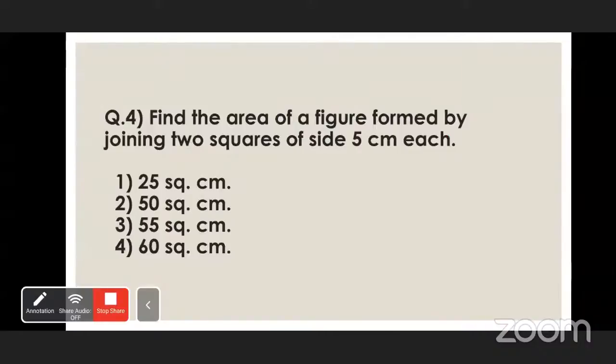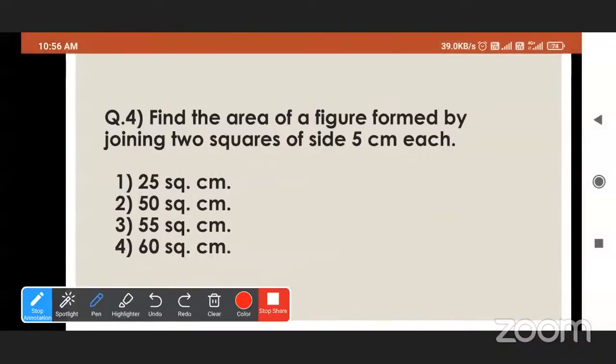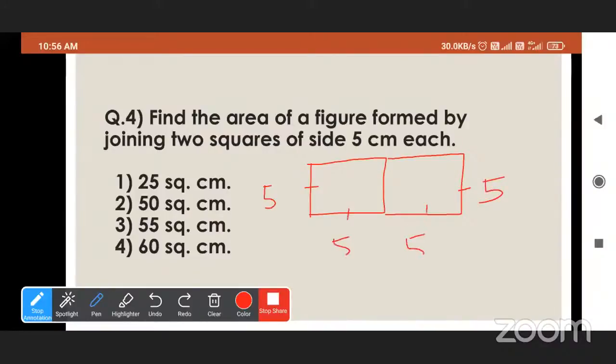Here, question number 4. Find the area of a figure formed by joining two squares of side 5 centimeter. This is one square having side 5 centimeter, and we also join another square. Its area will be 25 square centimeter.